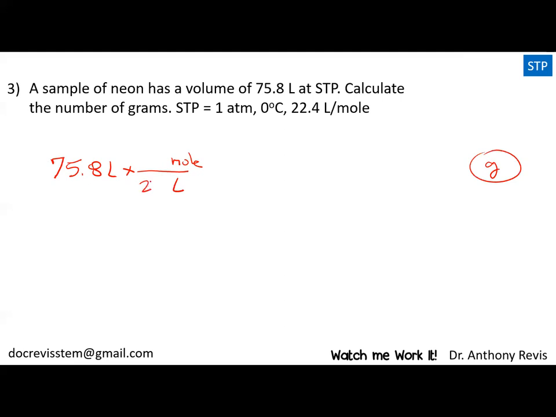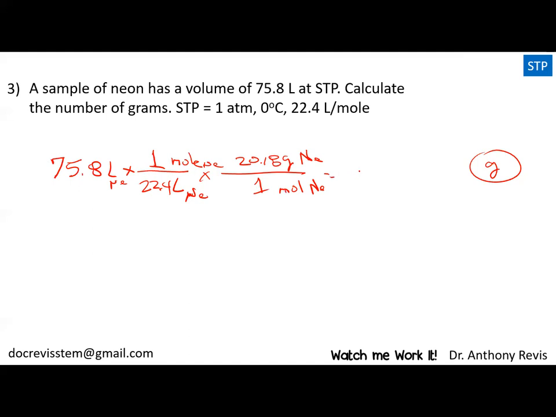So this is going to be 22.4 liters in every 1 mole because it said STP. And we're dealing with what? Neon. So per gram of neon, and all these are neon. The grams per mole of neon from the periodic table is 20.18 over 1 mole.